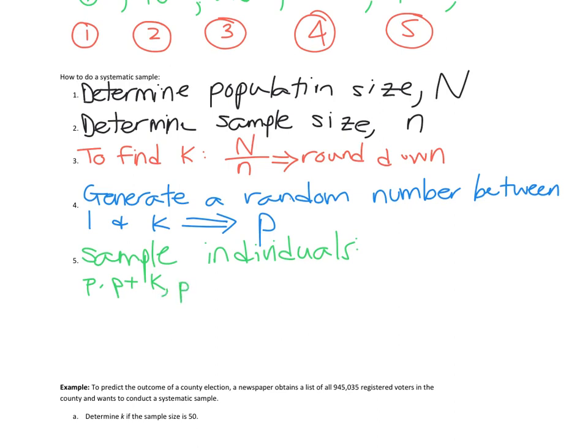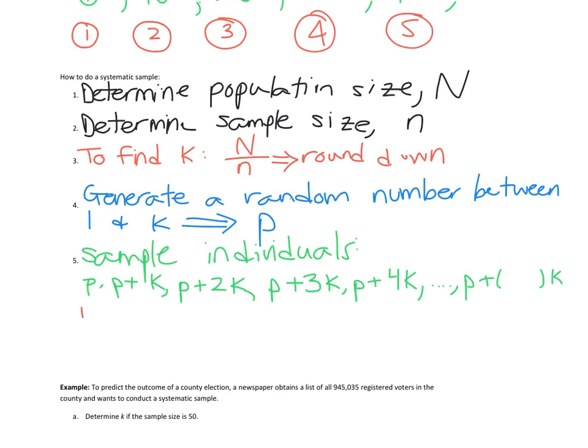And then we're going to add another K. And another K. All right, and so we keep adding copies of K until we get the nth member of our sample. Okay, and the pattern is this. It's P plus some multiple of K.